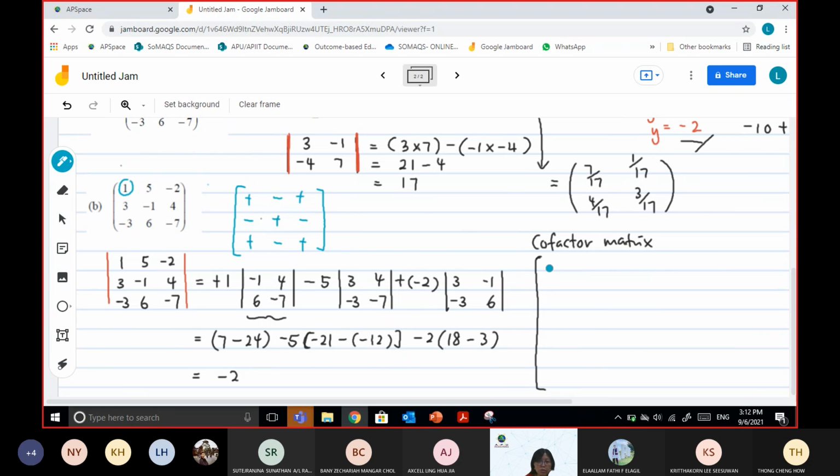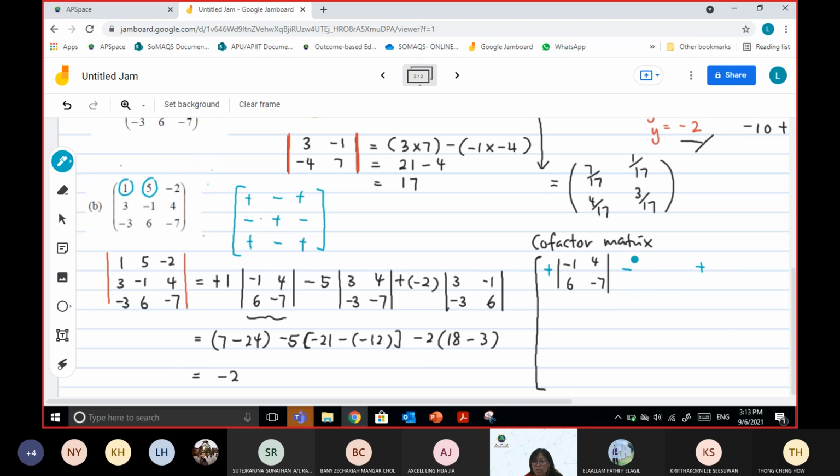So for the first row, I'm having plus, minus, then plus. Starting from the first row, first value, I'm blocking the first column and first row. I have minus 1, 6, 4, and negative 7. Then for the second value, I'm blocking the first row and second column.